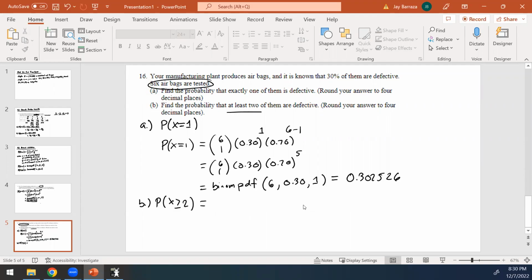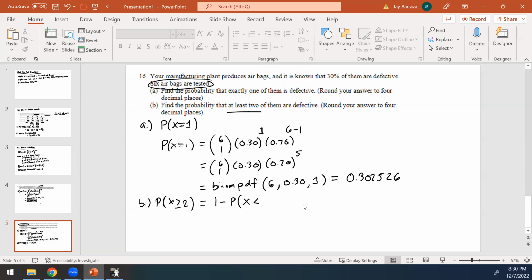The calculator will not be able to calculate this unless, of course, you have a newer one. So this is where you have to remember the little trick. So we're going to use the complement rule, which says I can flip that inequality to the other way, but now I have to write it in a way that it'll work with my calculator. So what is equivalent to greater than or equal to 2, but in the opposite direction?